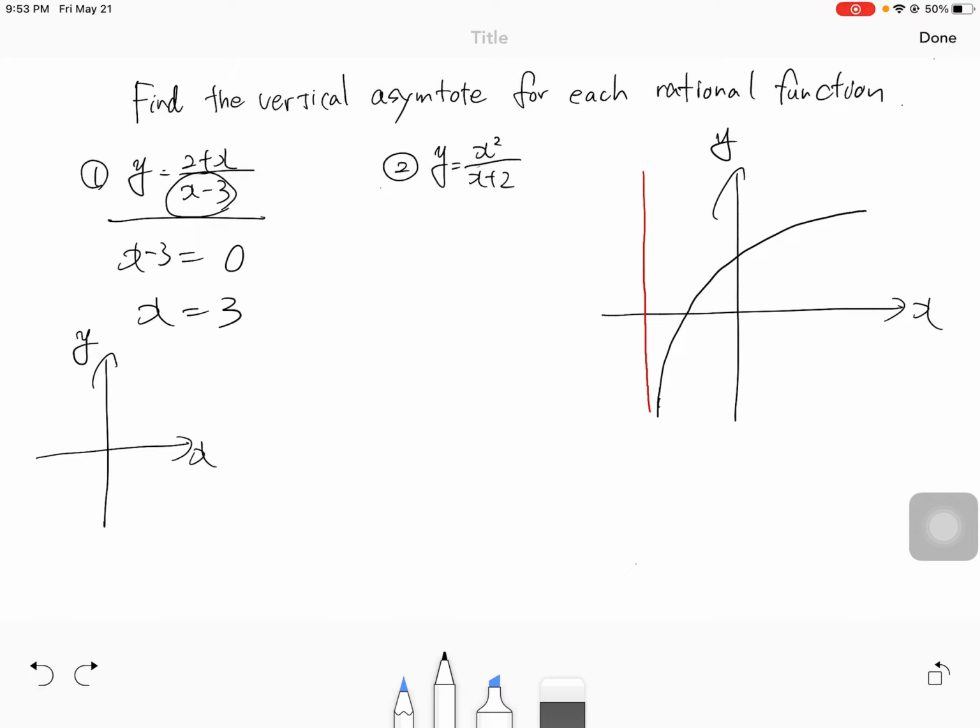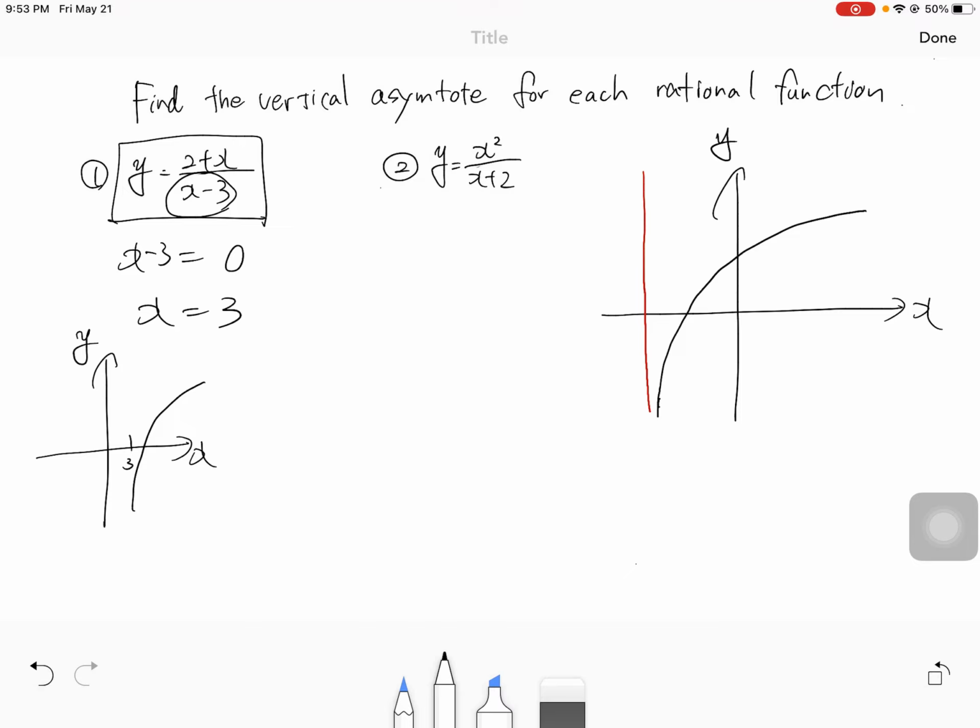So if it doesn't have the x value of 3, the graph is going to be like this or like that. It's never like this. So if there's an x value that makes the denominator 0, this is the vertical asymptote.